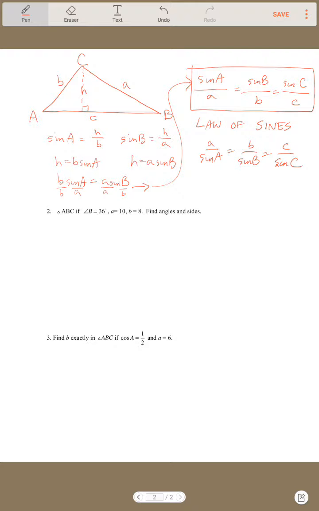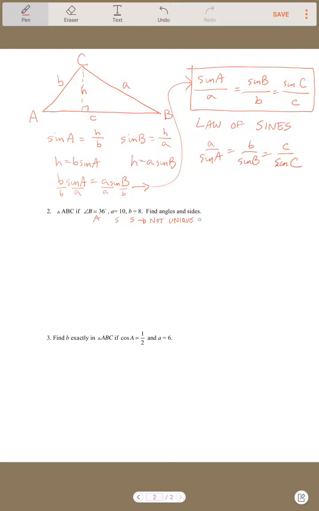Now, because they give you this information, notice how they give you an angle and two sides. Oh, look at that. Uh-oh, ASS. When they give you this, it's telling you that you may not have a unique triangle.